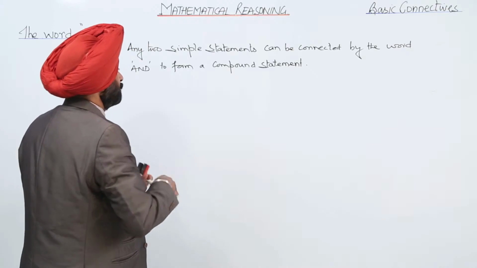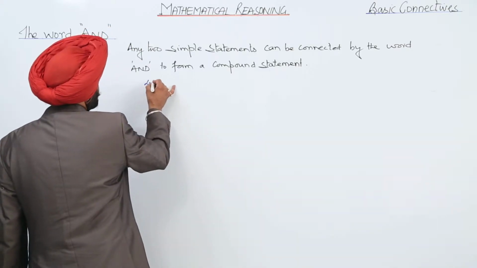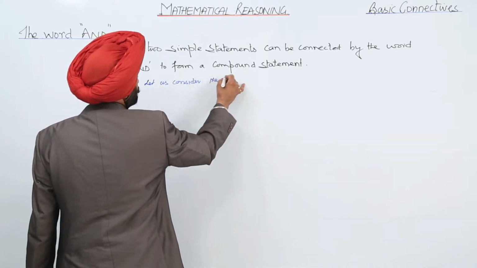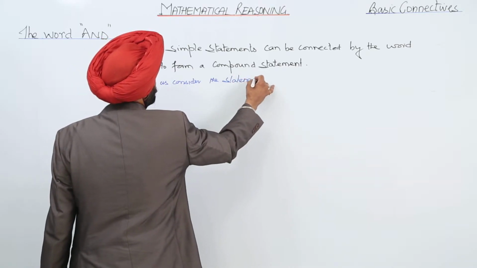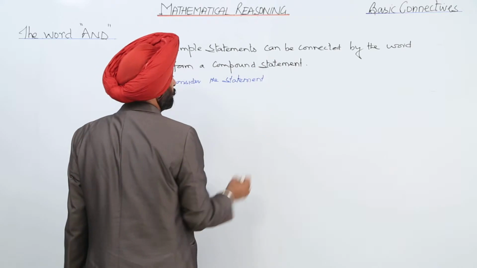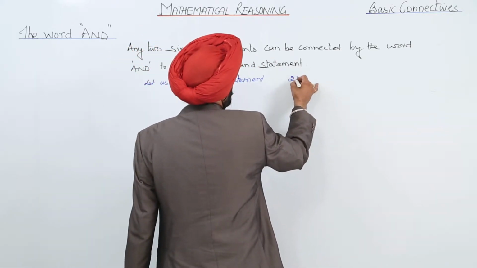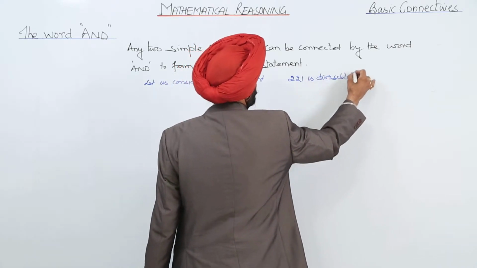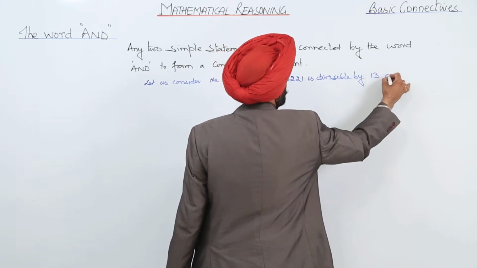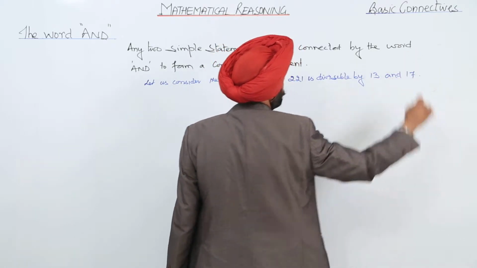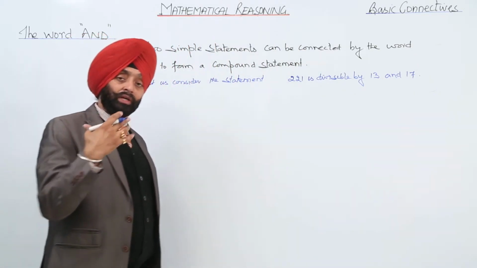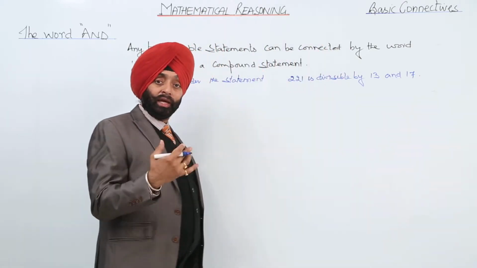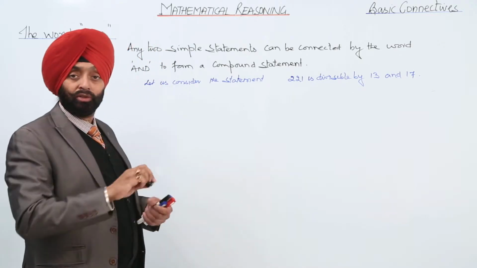Now we are having an example. Let us consider the statement: 21 is divisible by 13 and 17. If this is a sentence for the English language, it's okay. If this is a sentence for mathematical reasoning, then we can break it into two simple sentences.